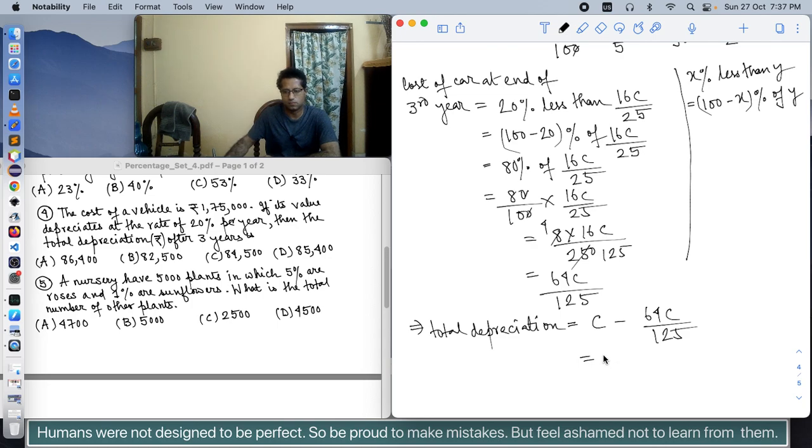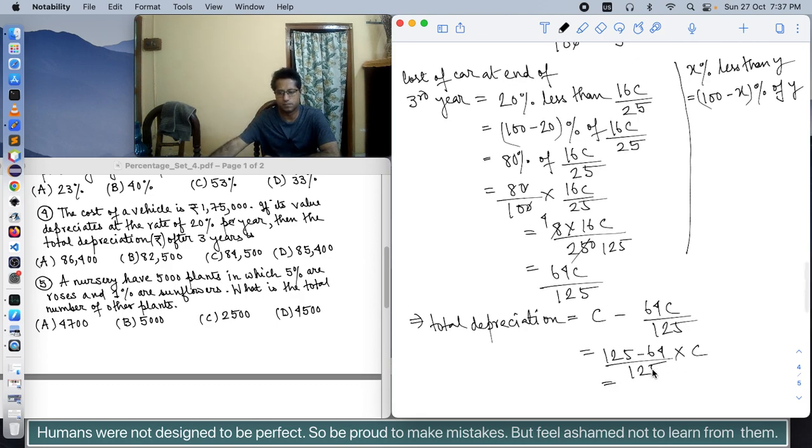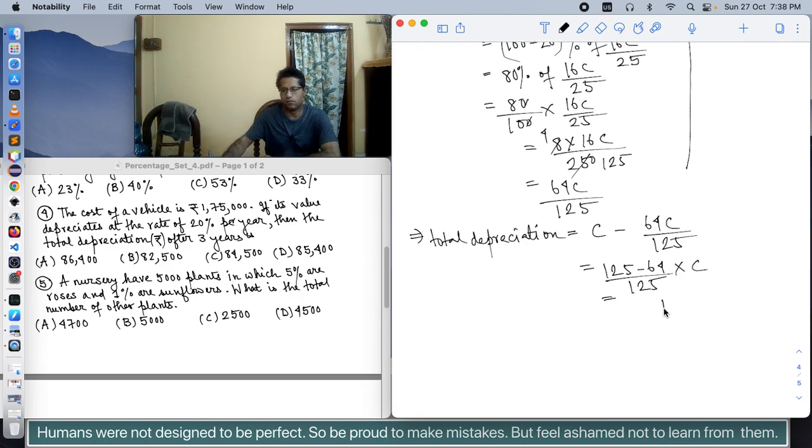This is equal to 125 minus 64 divided by 125 into C, which is 61 by 125 multiplied by C. Now what is C?